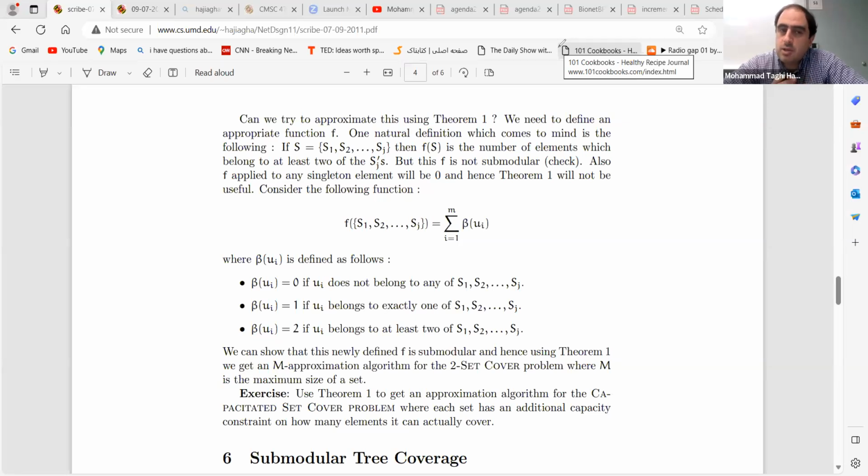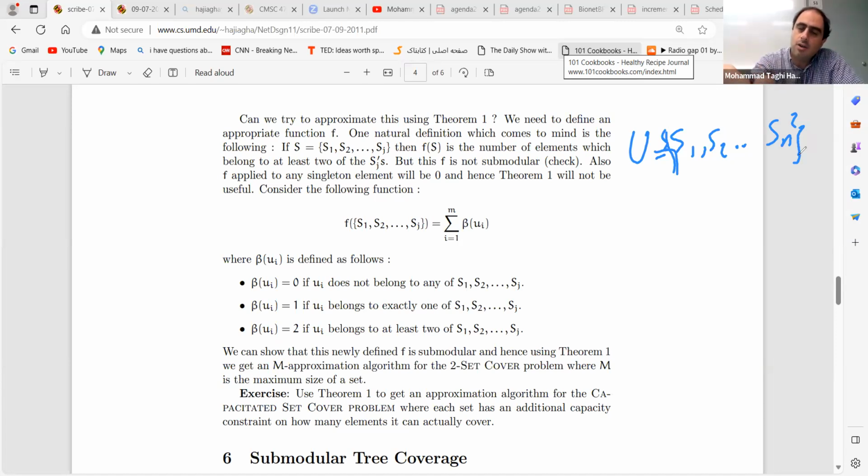So we need to define, as I mentioned, an appropriate function F. Let's, as a first attempt, say that we know in this U, in the submodular cover, there would be S1, S2 to Sn. So these are the subsets that are given in the set cover problem.